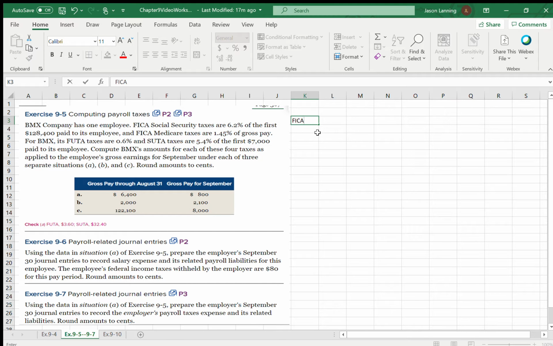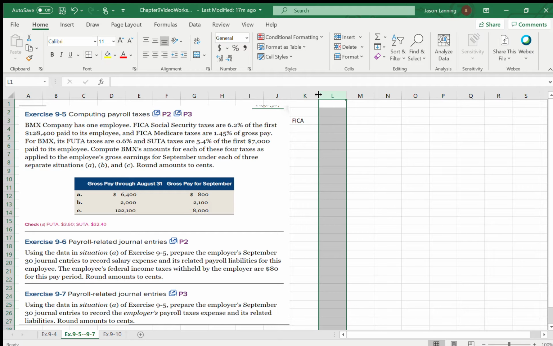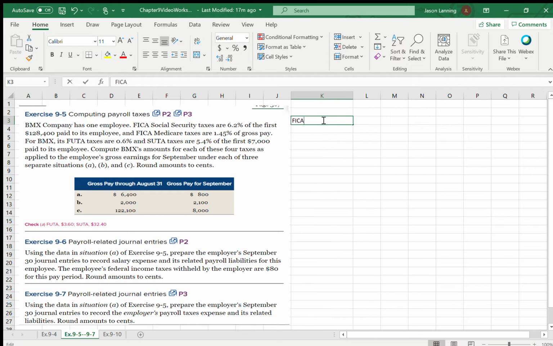We have FICA Social Security, FICA Medicare, FUTA, Federal Unemployment, and SUTA, State Unemployment. And then we'll have A, B, and C.